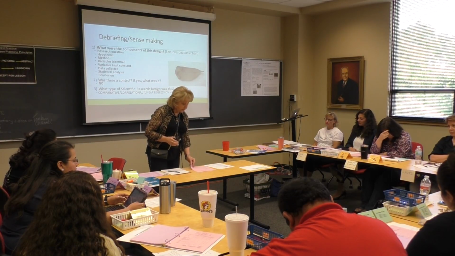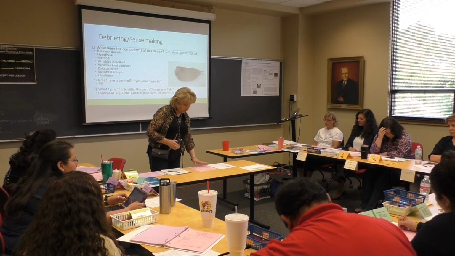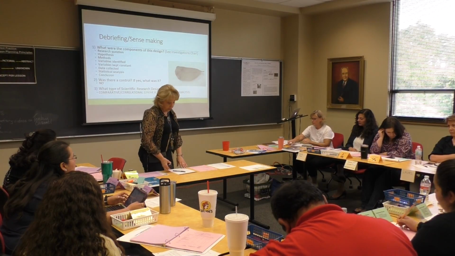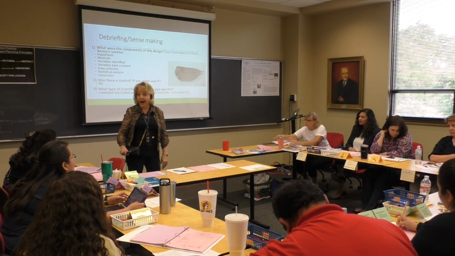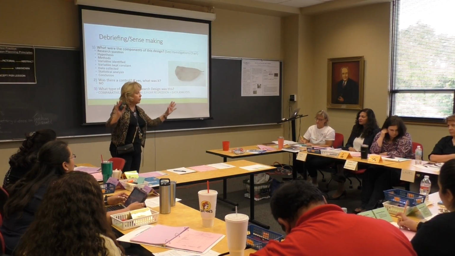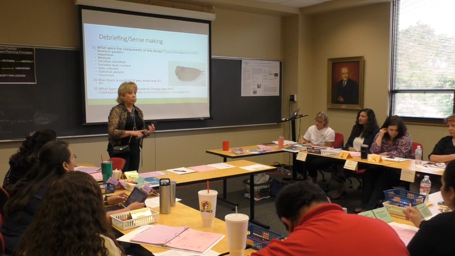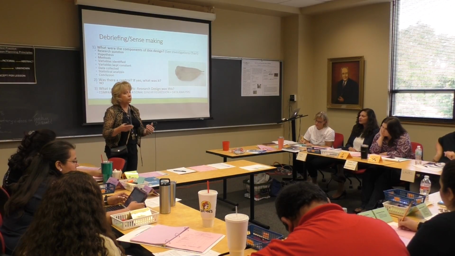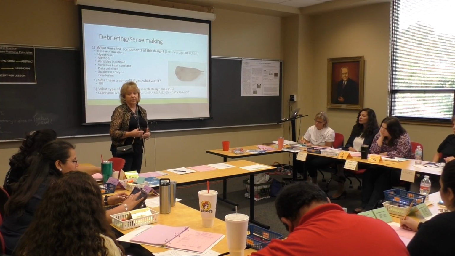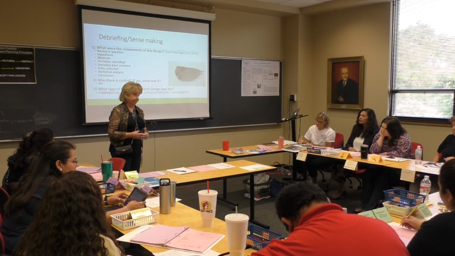So I tell my science pre-service teachers, stop answering questions about why, because most of the time we don't know why. We know it occurs, descriptive. We know it occurs in certain instances, correlational. Do we know why? Not until we have a control can we do that.